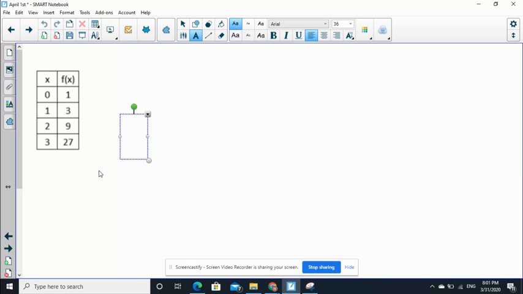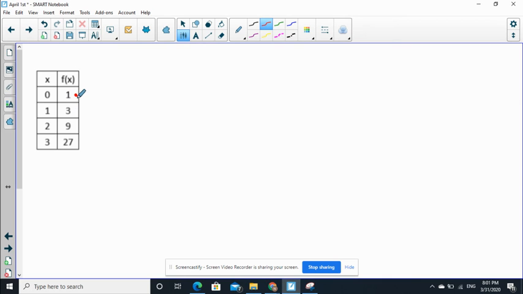Take an example for an exponential function. How can we figure out that this is exponential, not linear? Y changed in this interval by 2, 1 became 3, and x changed by 1. 2 divided by 1 equals 2. So the rate of change for the first interval is 2.